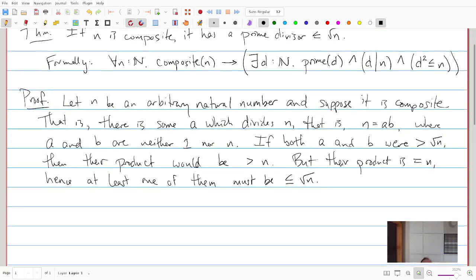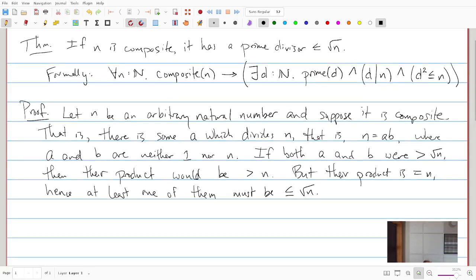And here's a phrase that you hear in proofs sometimes that we haven't really talked about. I'll write it down and then I'll say what it means. So, without loss of generality, suppose A is less than or equal to the square root of n. The without loss of generality means, so what I just said is at least one of A or B has to be less than or equal to the square root of n, and I don't know which it is, right?